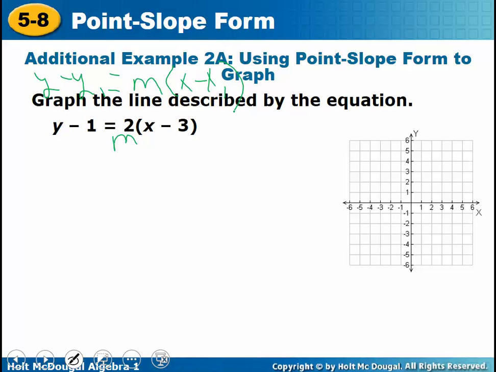So that's our slope, and then our point, so m is equal to 2. Our point would be x would be 3 and y would be 1, because this is our x sub 1 and this is our y sub 1. And we would not use the minus 3 because we want the opposite. So that'd be 3, and the opposite of negative 1 would be 1.